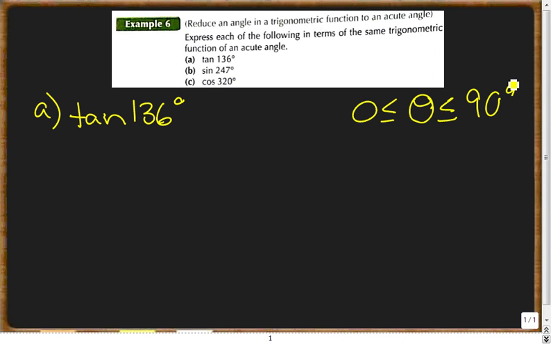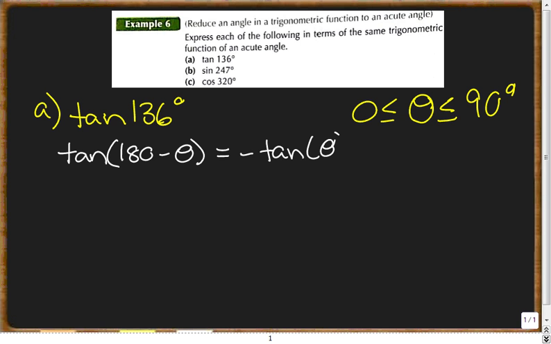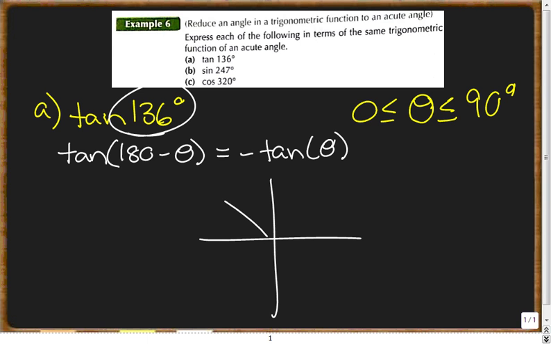Tangent has this cool property where the tangent of 180 minus an angle is going to be the opposite of the tangent of that angle. It's opposite in the second quadrant. We can pick this out and think, well, 136 degrees is over here, and we want it over here.